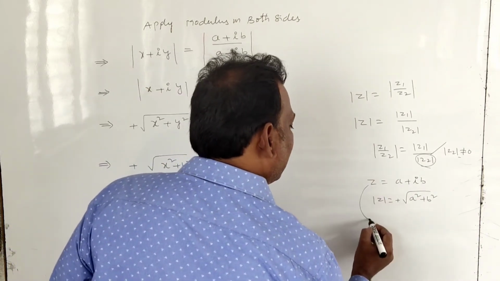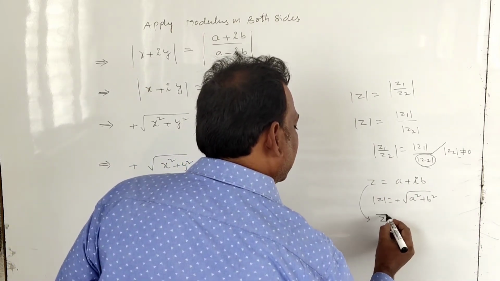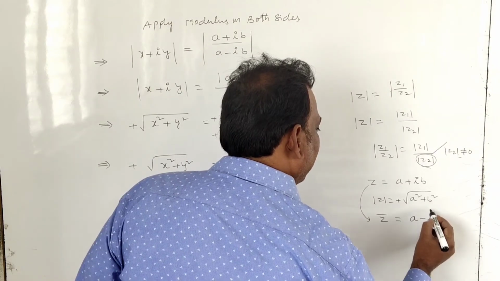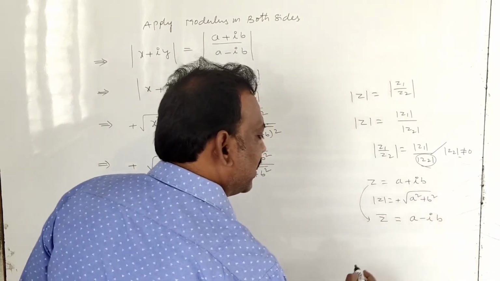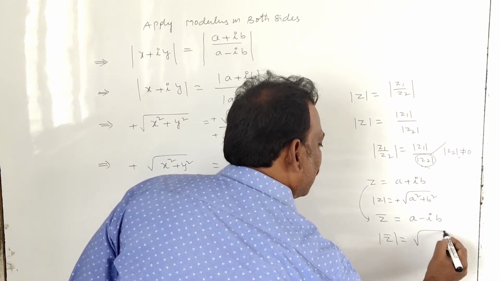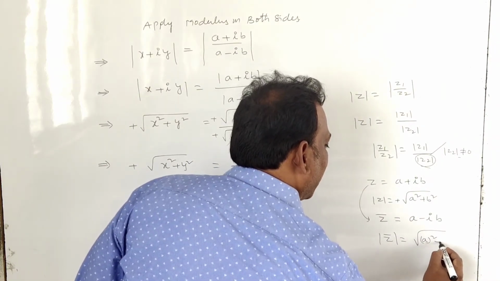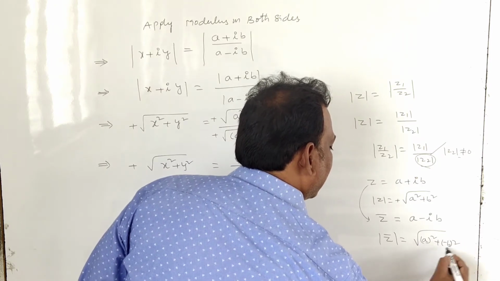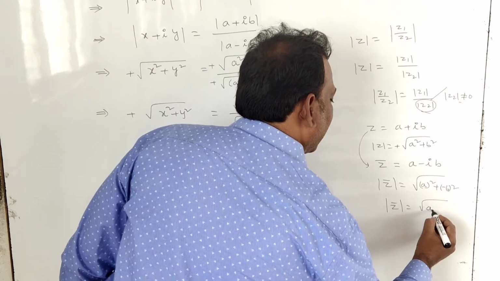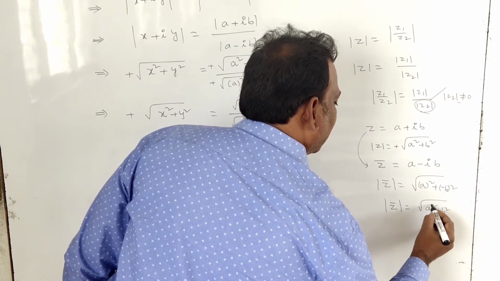Suppose you write z bar, that means the conjugate of a complex number. How do you get it? a minus ib, I replaced i with minus i. Take the conjugate z bar, what will you get? Root over real part square plus imaginary part square. So mod of z bar is equal to, you will again get the same value, a square plus b square.